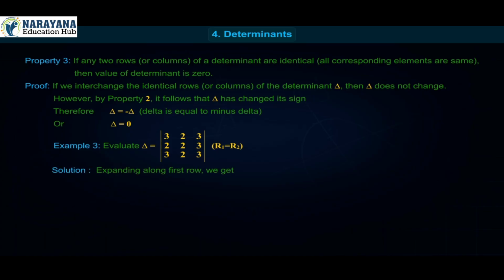Expanding along the first row, we get delta is equal to 3 into (6 minus 6) minus 2 into (6 minus 9) plus 3 into (4 minus 6), is equal to 0 minus 2 into minus 3 plus 3 into minus 2, is equal to 6 minus 6, is equal to 0. Here R1 and R3 are identical.